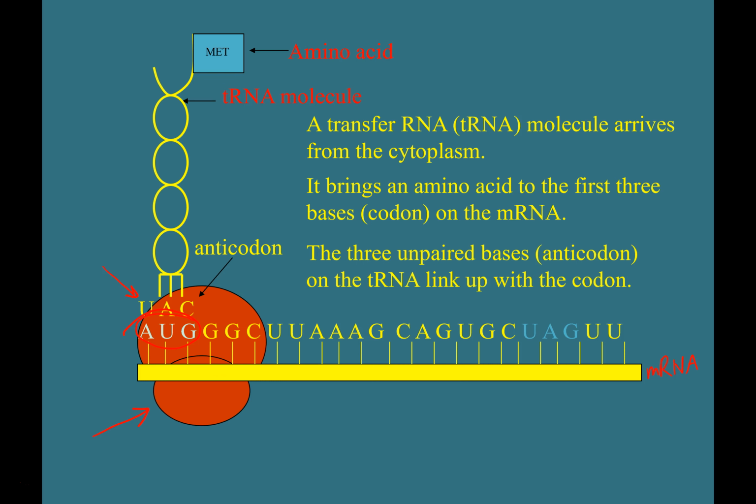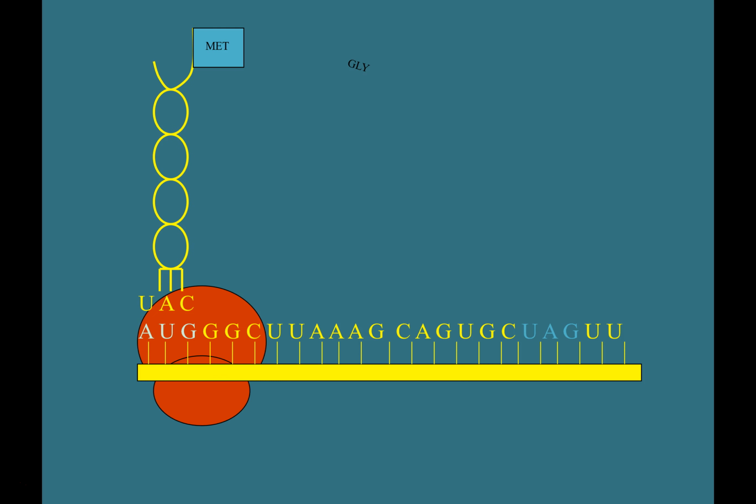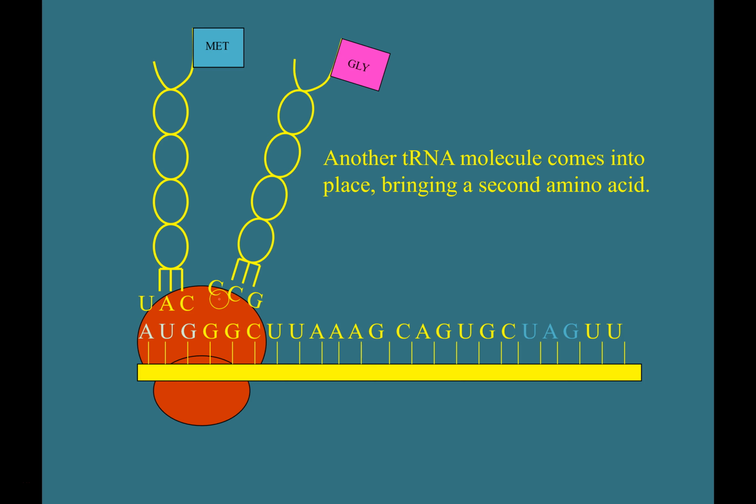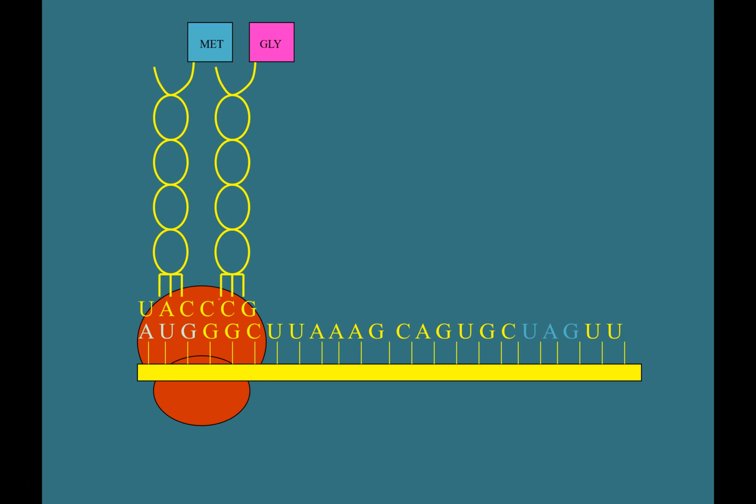So what's going to happen is the next codon of GGC is going to be looking for the amino acid GLY. Well, there it is. Now notice the tRNA did not get there yet, but it's going to. And once it does, it's going to make a temporary junction right there.